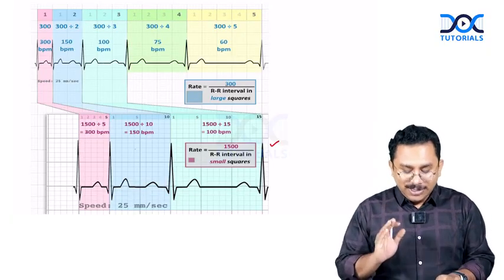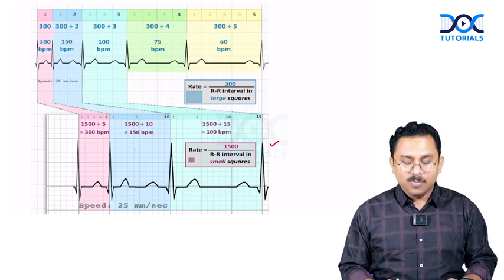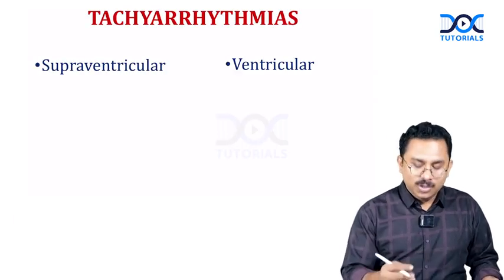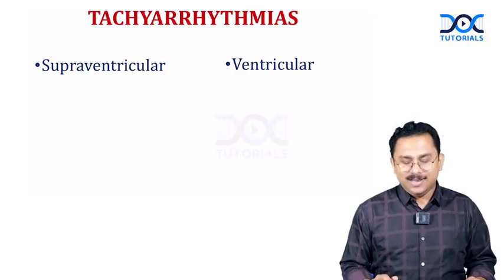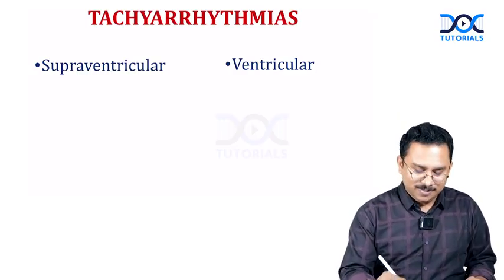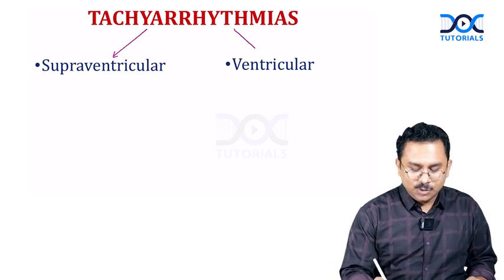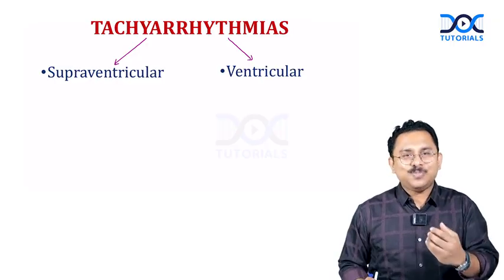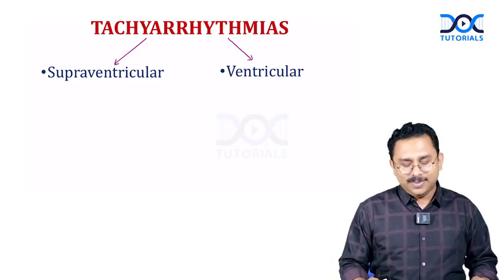Now, once you have decided that yes, this is probably a tachyarrhythmia, now you have to see, is it a supraventricular tachyarrhythmia or a ventricular tachyarrhythmia? So these are the two types of tachyarrhythmias, supraventricular and ventricular. So what is a supraventricular tachyarrhythmia and what is a ventricular tachyarrhythmia?